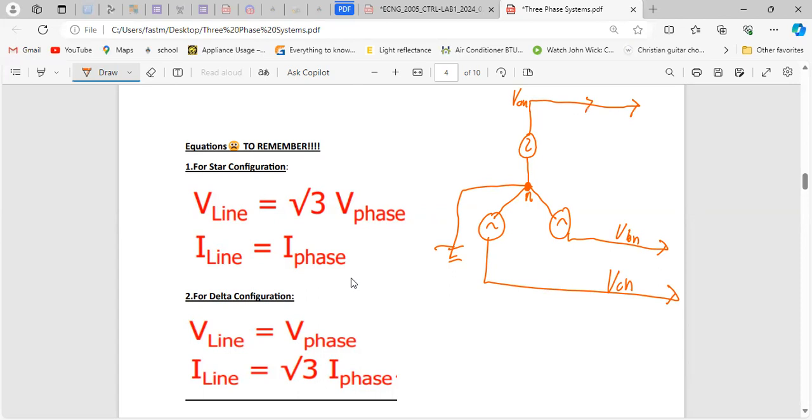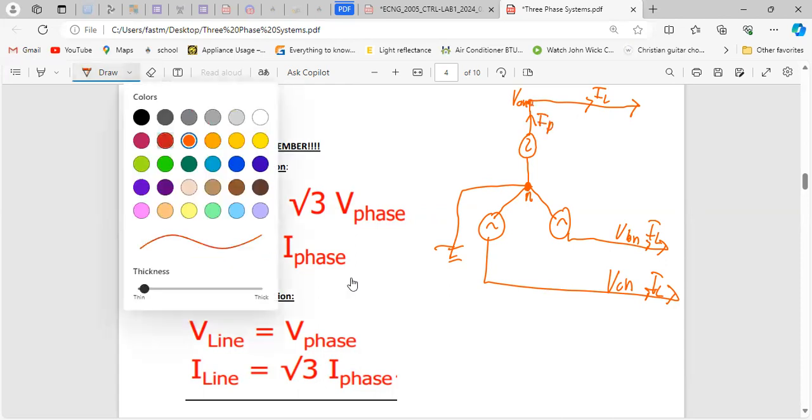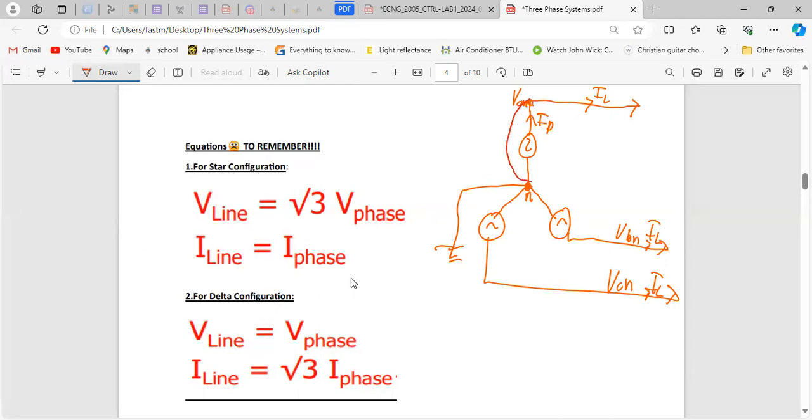These currents on top here, these are the line currents, right? And the currents inside here are the I phase. All right, so how to look at it is that these pieces here, think of them as the individual transformers that are giving you a voltage. Yeah, they are separate from each other. Okay, so they are each pushing out a current.